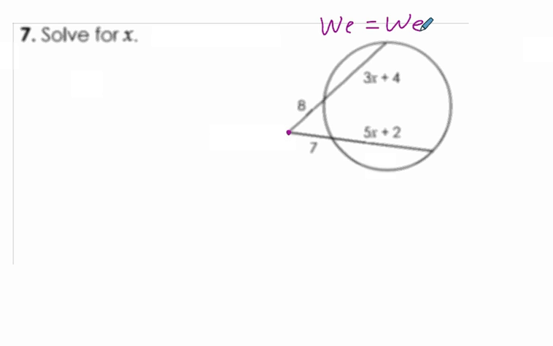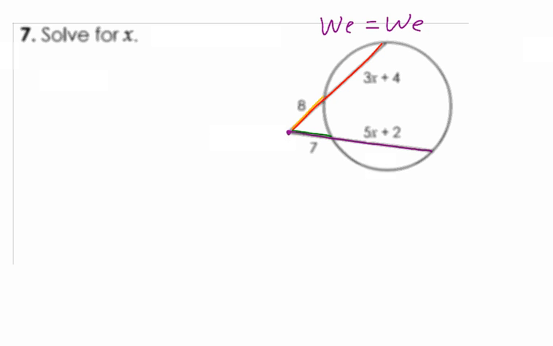So we're going to kind of do the same thing. We're going to look at this whole line times the exterior. And then we're going to look at this whole line times its exterior, and those two have to equal each other. All right? So how do we get the whole line of this purple line?